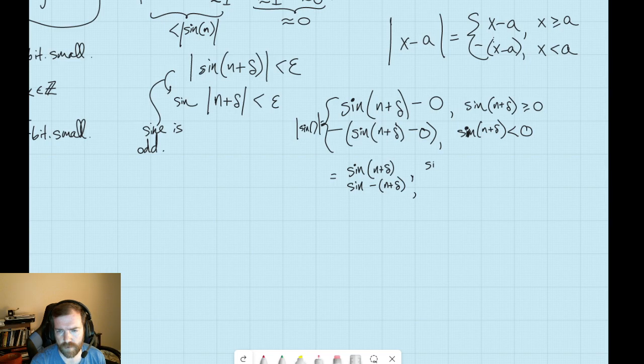This could, in theory, be n plus delta greater than or equal to the inverse sine of 0, which can make that k pi.